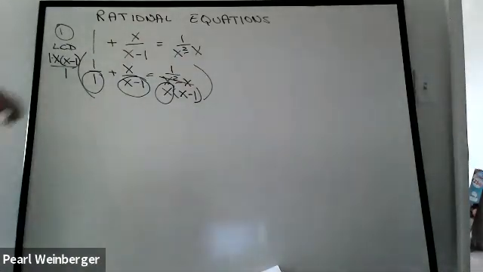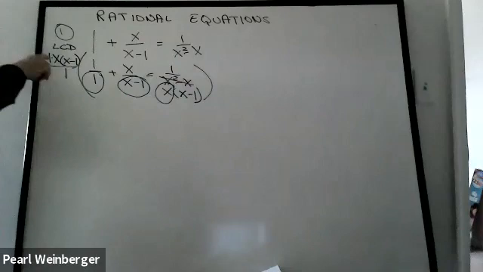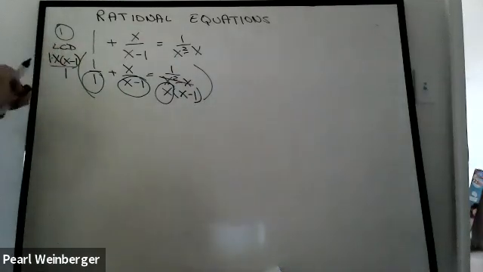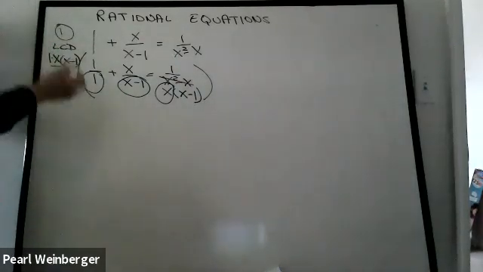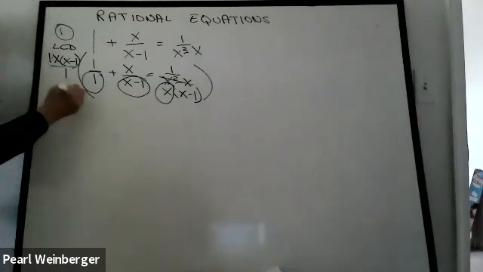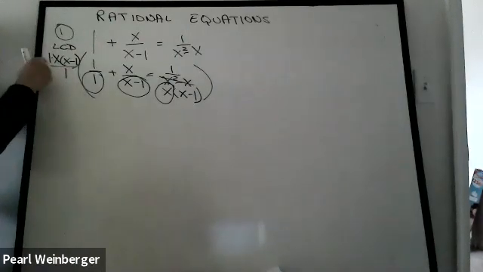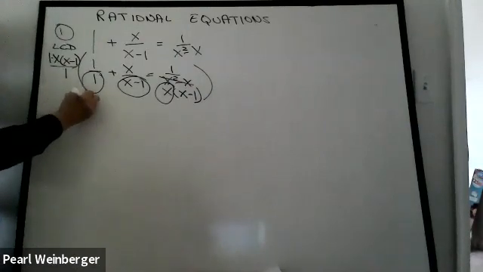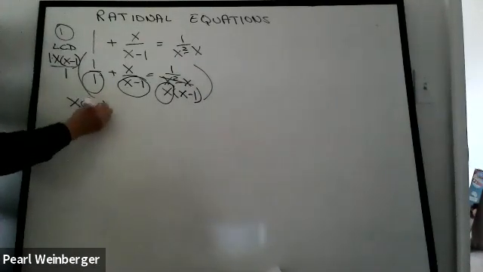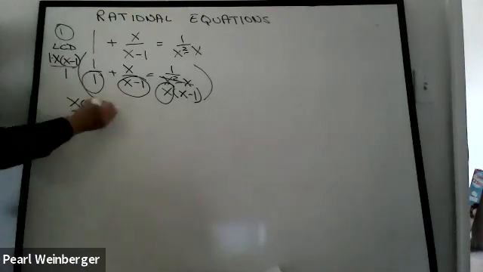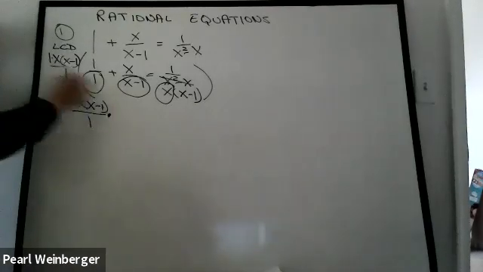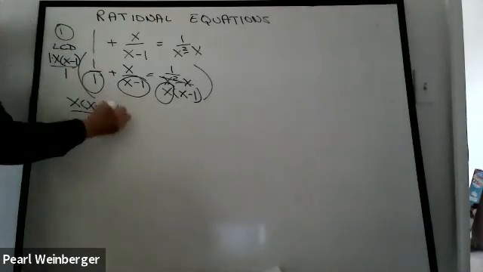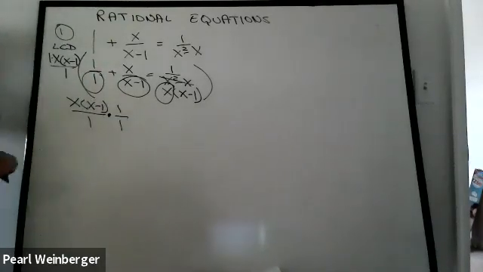And of course, I have to distribute this. So you know what I'm going to do? I'm going to write my common denominator in the blue so you can see what I'm distributing. And I'm not going to put in this 1 because 1 times x is just x. So it's x times x minus 1 over 1. Here's my common denominator times, remember I'm distributing it, so it's times 1 times 1.